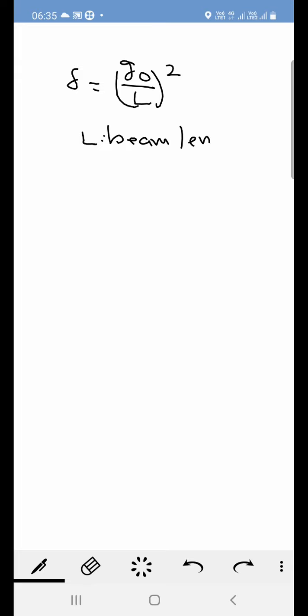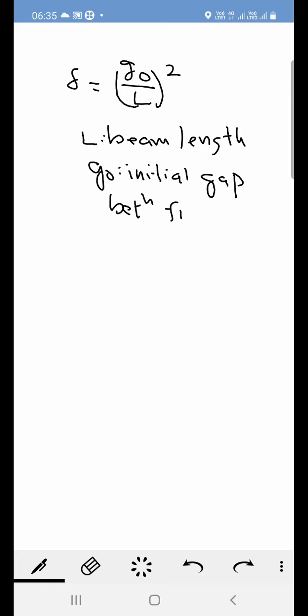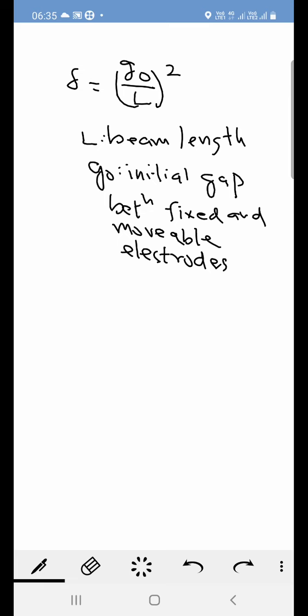We write it once again: delta equal to G0 by L whole square, where L is the beam length, and G0 is the initial gap between fixed and movable electrodes. And delta is the nonlinear impact factor.